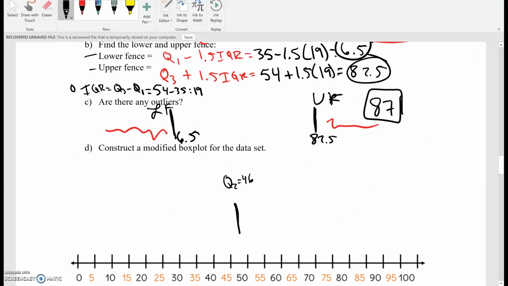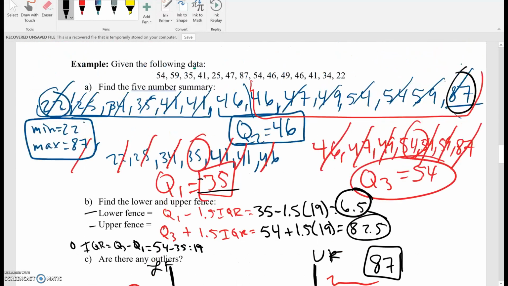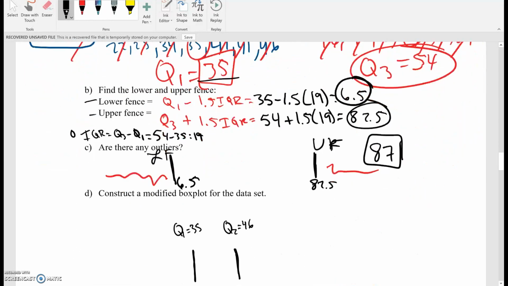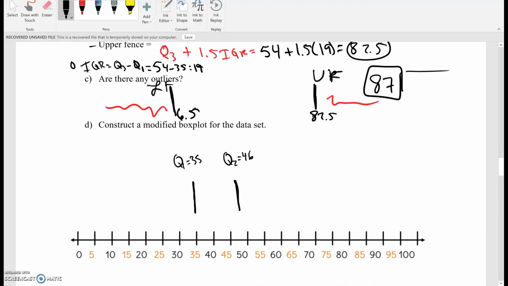So here's 35. Q1 is going to be equal to 35. Okay, then Q3. Q3 was equal to 54. So 54 is going to be somewhere around here. So here is my box.